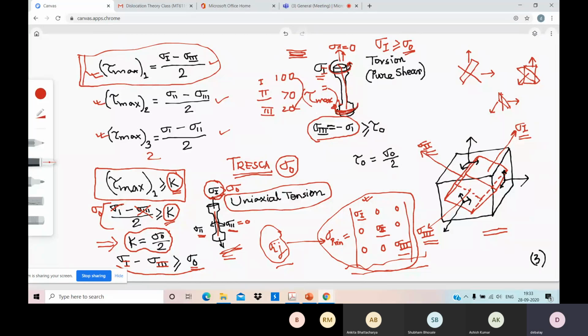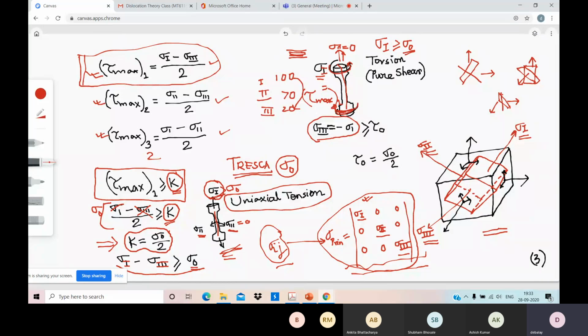So it is very important to understand that all bodies do not yield at a particular yield strength. It depends on the loading. As I told before, if you take a thin specimen, it will be under uniaxial tension. But if you take a big, very thick specimen, it will be triaxial.